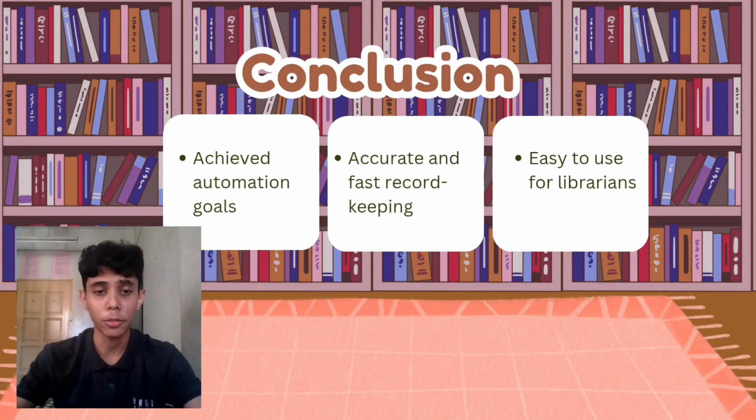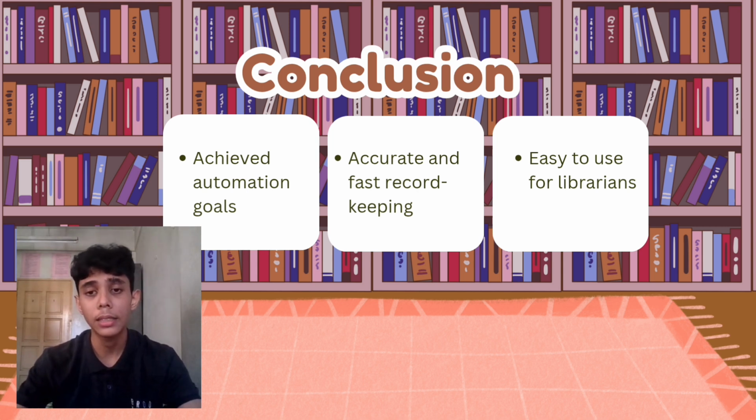So the conclusion of our system is that we want to achieve the automation goal. The automation is to make it easier for people to key in the data of the borrow and return system, and it is accurate and gives a fast response, saving the data quickly, and the validation control displays quickly on the screen.